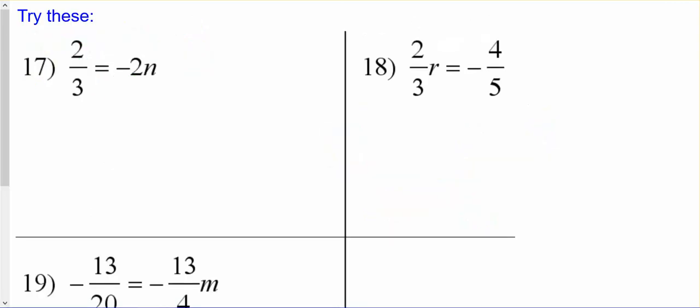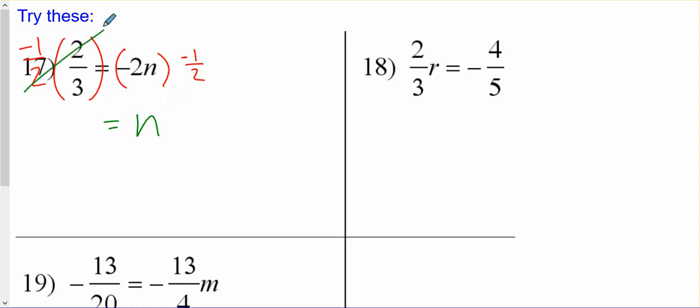You guys try these. So what's happening? We're multiplying by -2, so we're going to divide by -2. Well, what undoes division? Multiplying by its reciprocal, so the reciprocal of -2 is -1/2. So we're going to multiply both sides by -1/2. That leaves me with n on my right side.